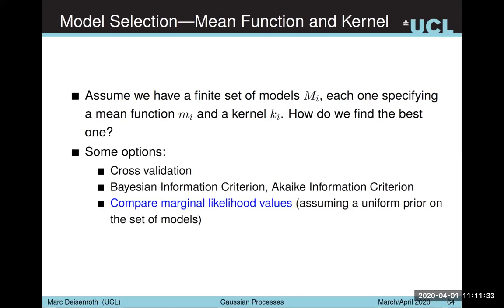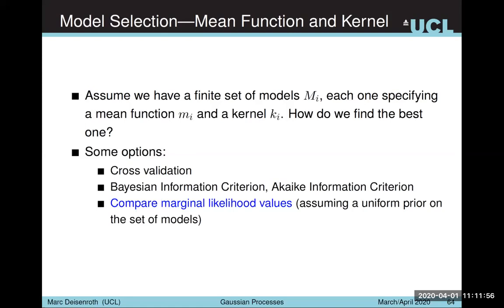We can think about using the Bayesian information criterion or Akaike information criterion, which other people use for non-probabilistic models. But we can also use the marginal likelihood again as a way to compare the quality of kernels and mean functions.